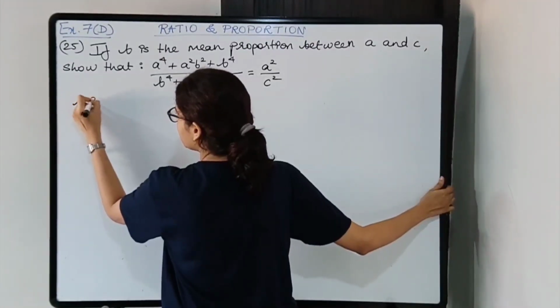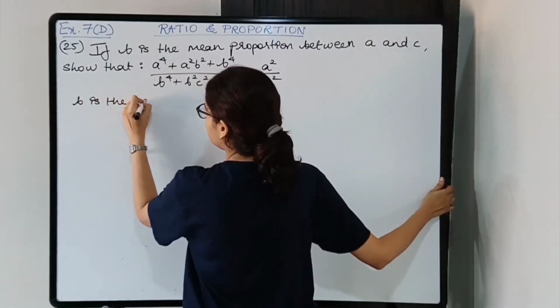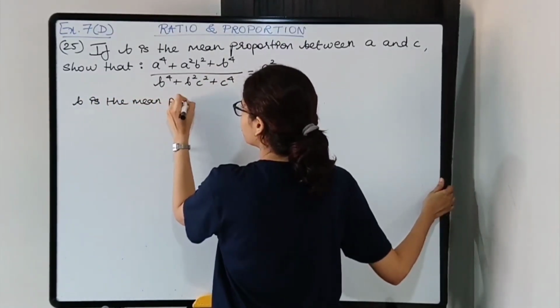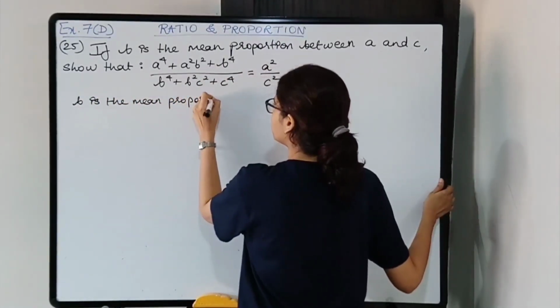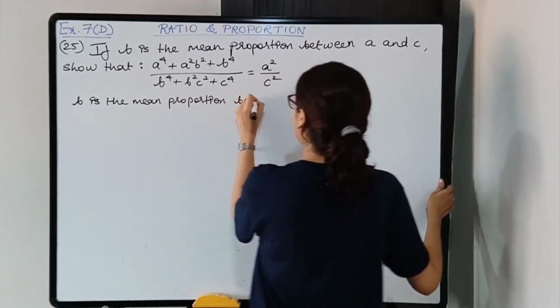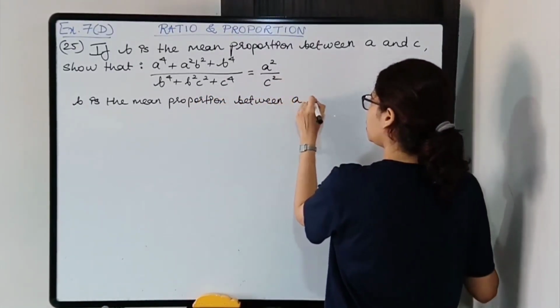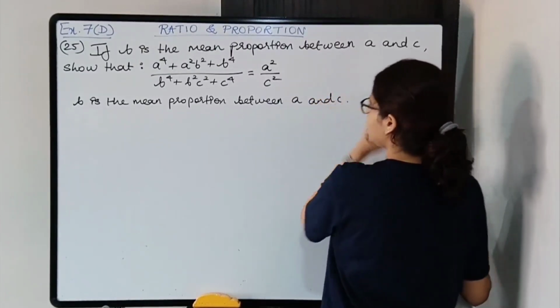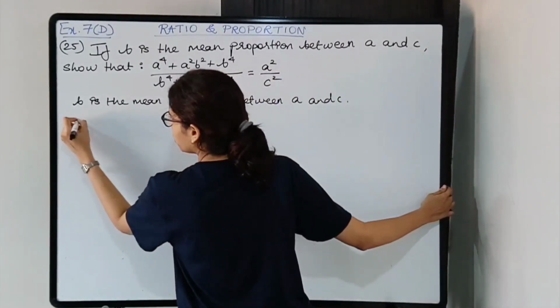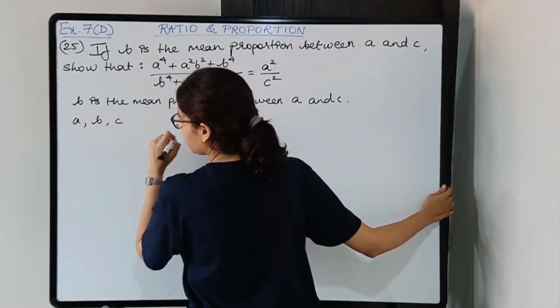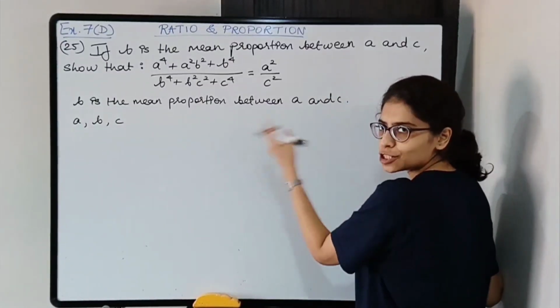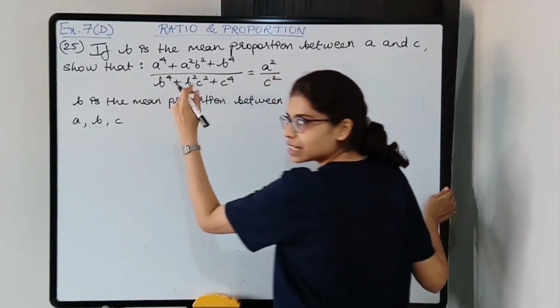So B is the mean proportion between A and C. So A, B, C. So A and C are first and last and B is the mean, that is in between.